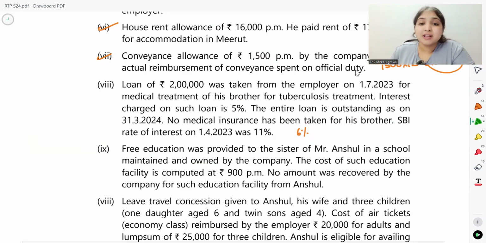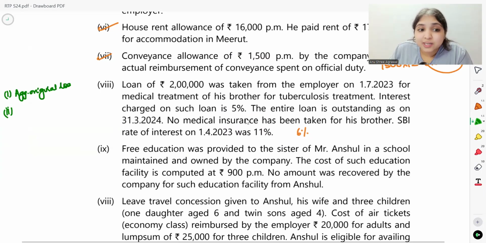But I hope you know that in this particular perquisite, there are 2 situations where assessee enjoys full exemption. Situation number 1 is, we will look at the aggregate original loan.